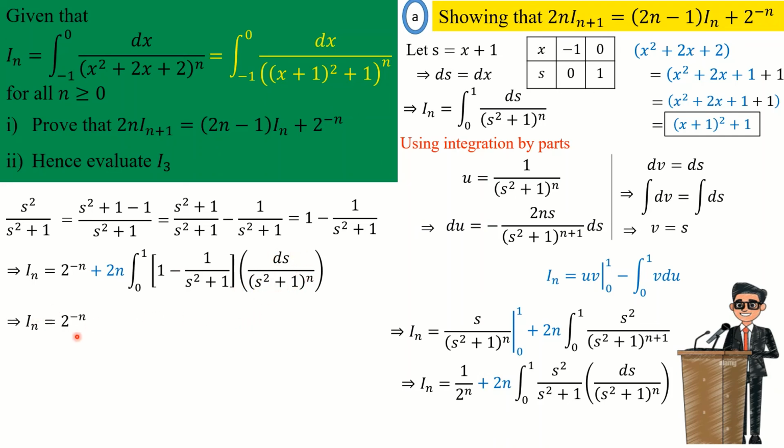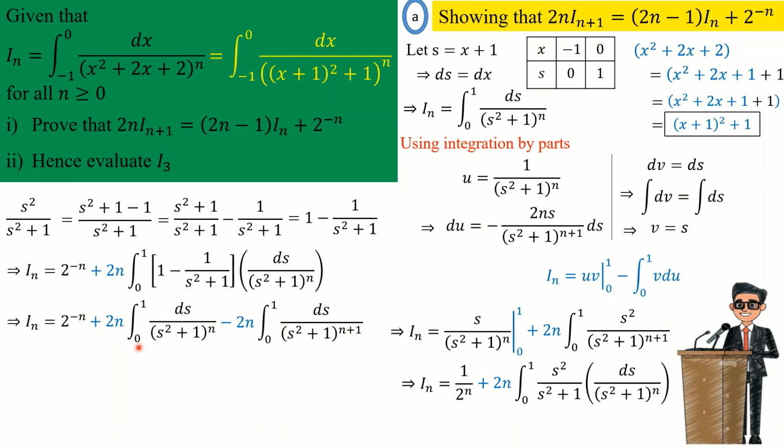Now we have 2 to the negative n. We distribute 2n here and here. Doing the first time, when we do 2n times 1, it remains. Now doing the second time, remember you have a 2n here, then this is a negative sign, then this multiplies with this. They have a common denominator, so you just add the powers. So you get negative 2n on the integral from 0 to 1 of this quantity.